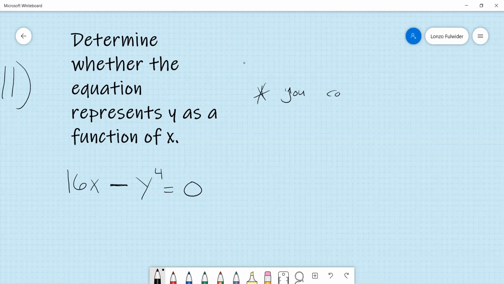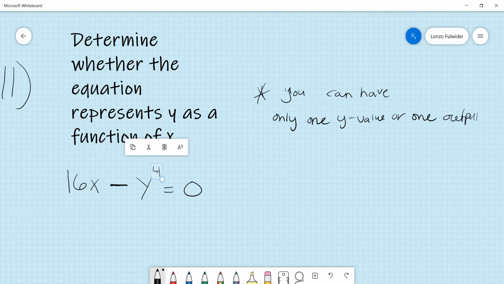You can only have one y value, or one input, or one output, right? So let's see here. I know that this is automatically a big no because of this y to the 4th.